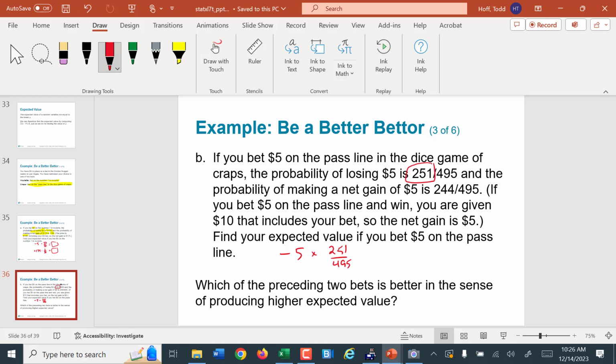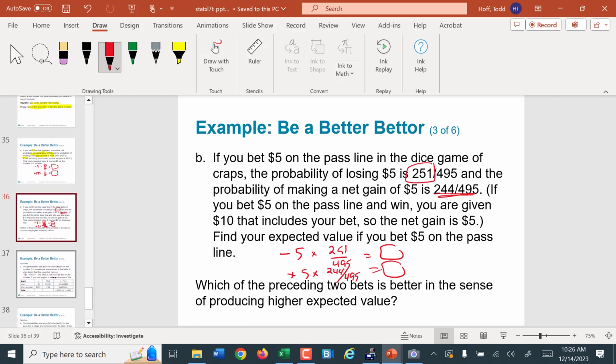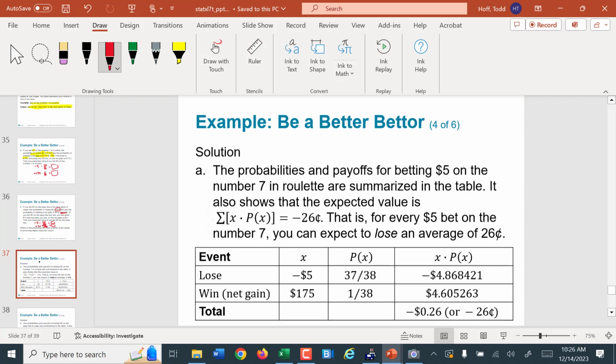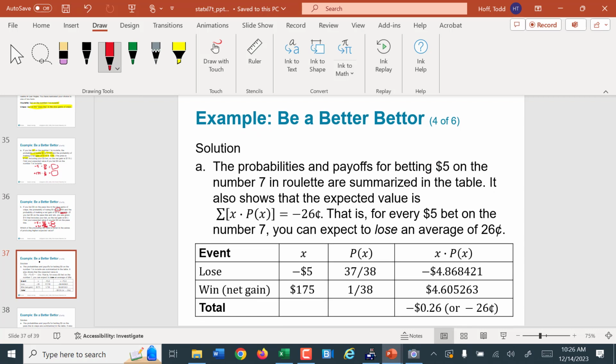If you win, you gain $5, and that probability is the other 244 out of 495 chances. Again, you multiply those out and add them together to give us our expected value there. Now these are Vegas odds, so we're expecting both expected values to be negative because Vegas is going to win. And negative means it's in favor of the house.